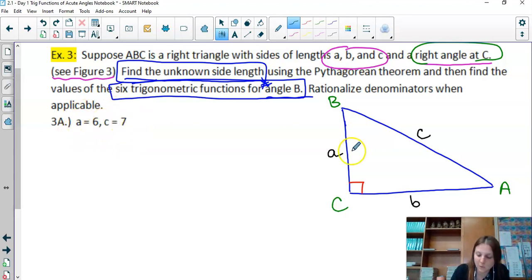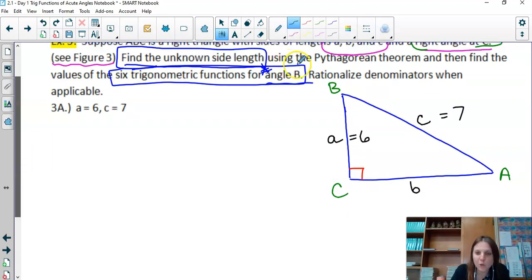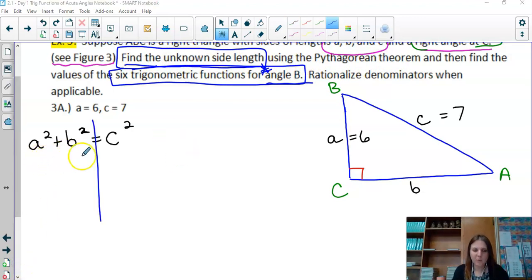A equals 6 was given, and C equals 7 was given. The directions say use the Pythagorean theorem to find the unknown side length. So I've got the Pythagorean written down. Remember the theorem that we used earlier in the year used X and Y and R, but now we're just using A, B, and C again because we're not in the coordinate plane. Okay, I'm going to go ahead and plug in what I know.